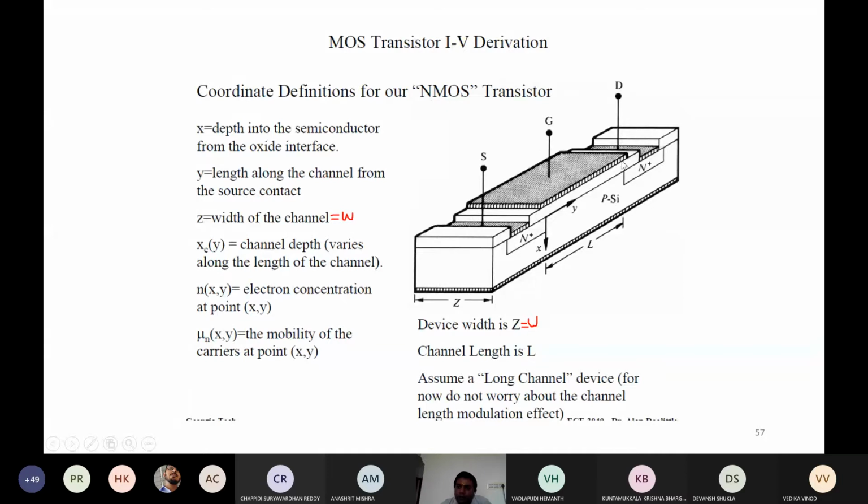In the pinch off region, the depletion width increases further if you increase VDS, because the n plus and the p body make a p-n junction, and that depletion region width increases.